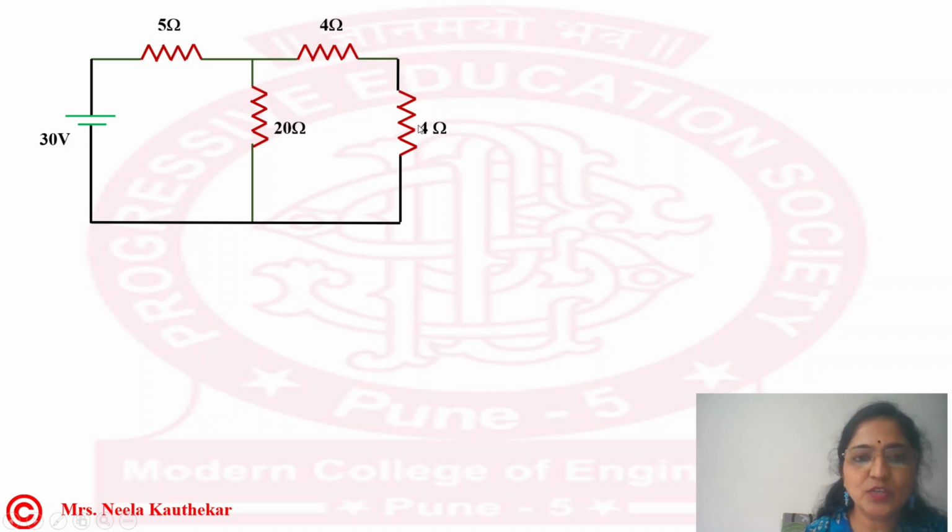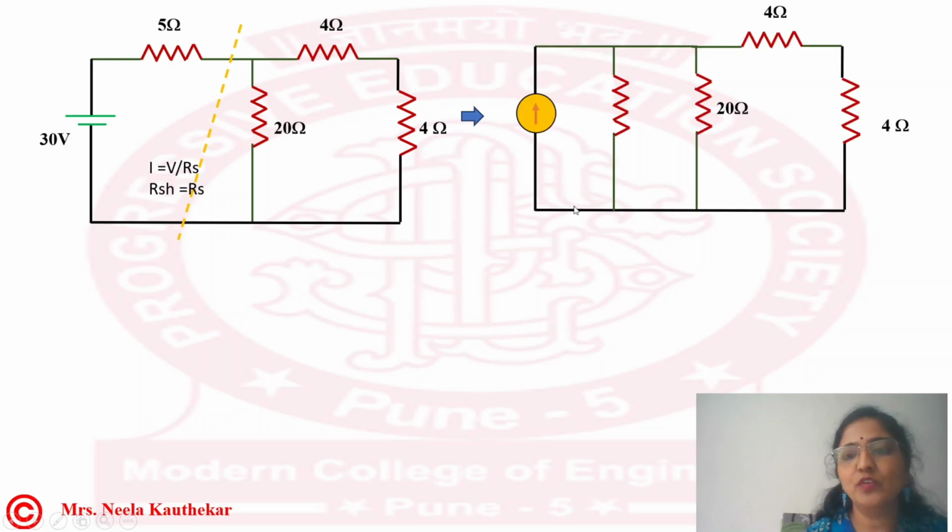In this circuit, we can see a voltage source in series with a resistance, so we can convert this to a current source in parallel with the resistance, using the formula I is equal to V by RS and RSH is equal to RS.